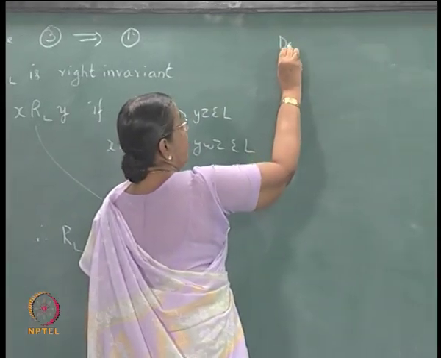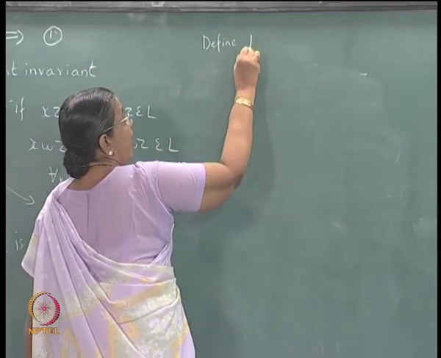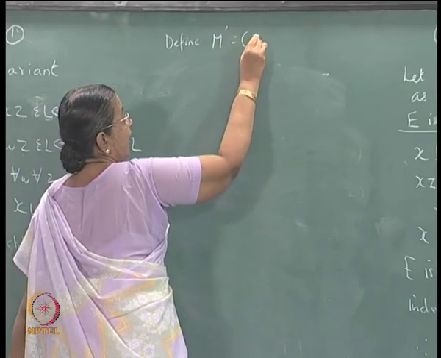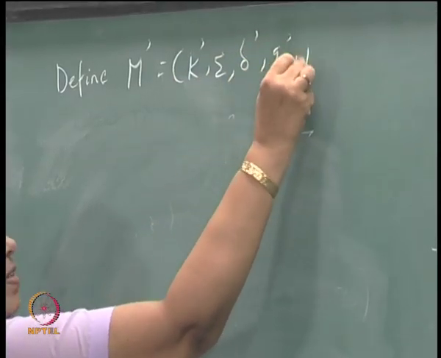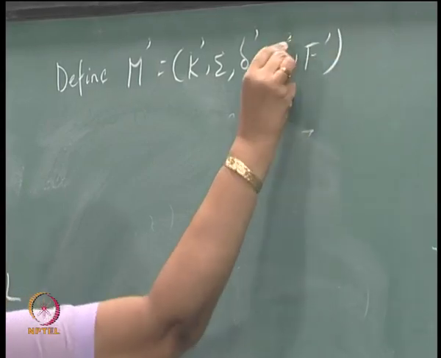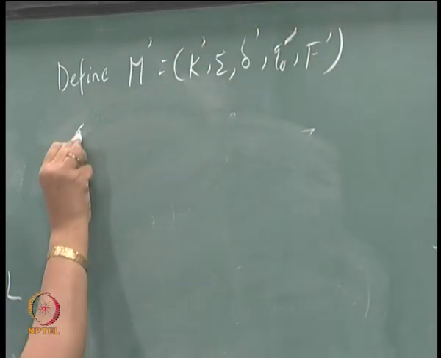You define an FSA M dash equal to K dash, sigma, delta dash, q naught dash, F dash as follows.